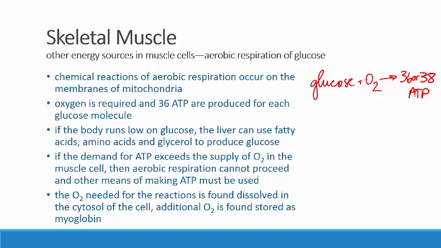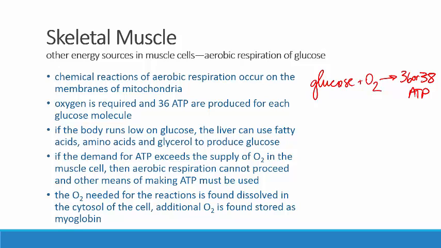We can keep the muscle working just like we want it to work. If we start to run low on glucose, no problem, because the liver has stored up glycogen as well, and it'll release that glucose into the bloodstream, and the muscle cells will very quickly be resupplied.